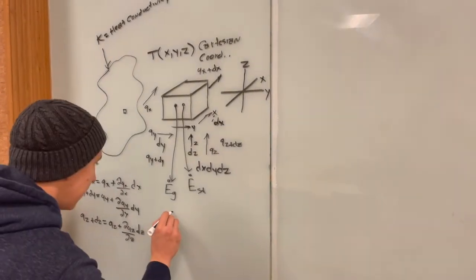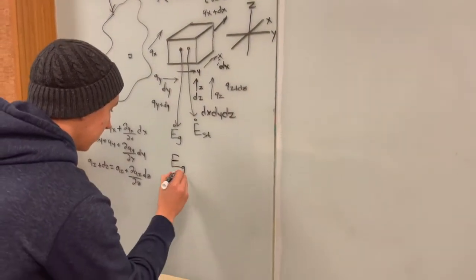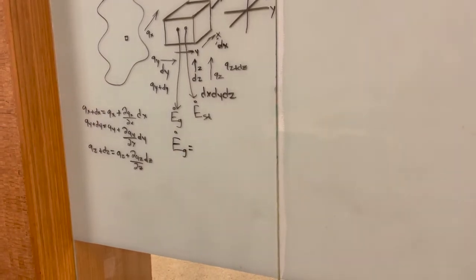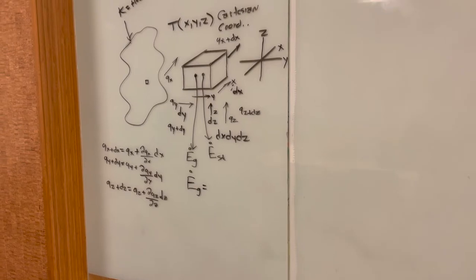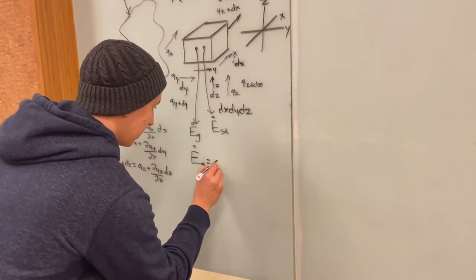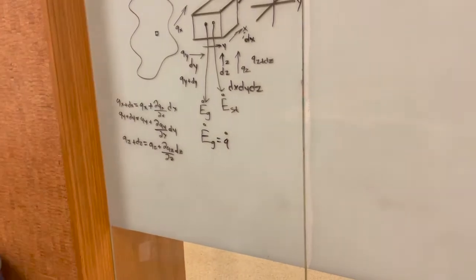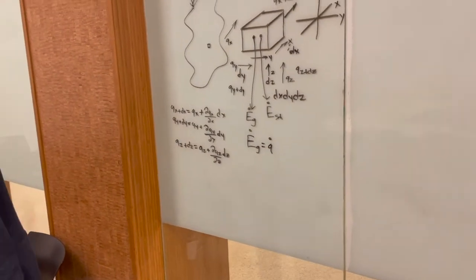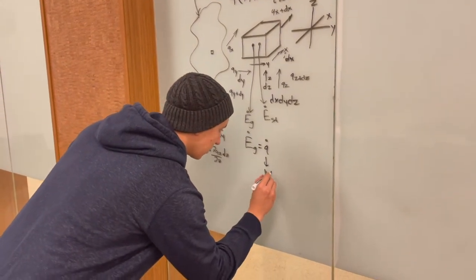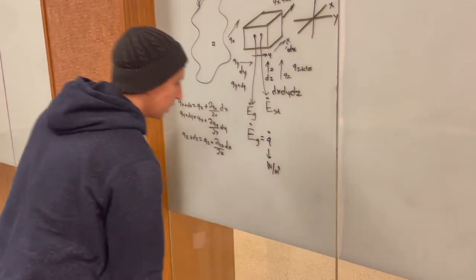Now, E subscript G here is the energy generation. What is the energy generation in our case? Well, it's going to be q dot. This is the amount of heat that is generated within our object, and it's going to be measured in watts per meter cubed.